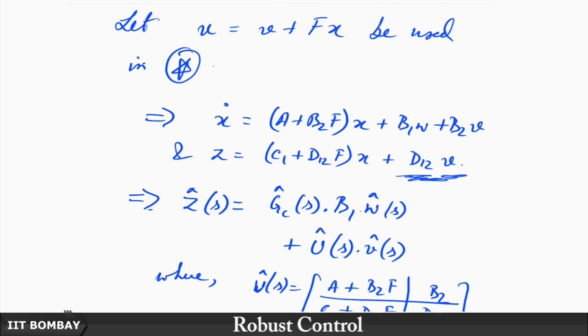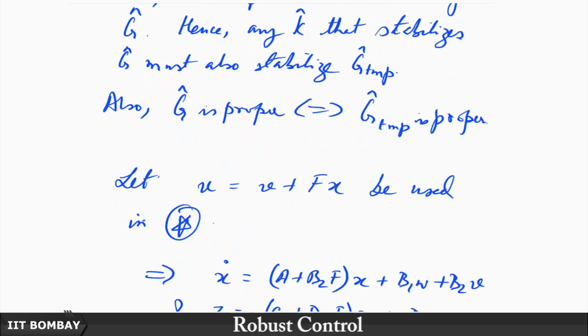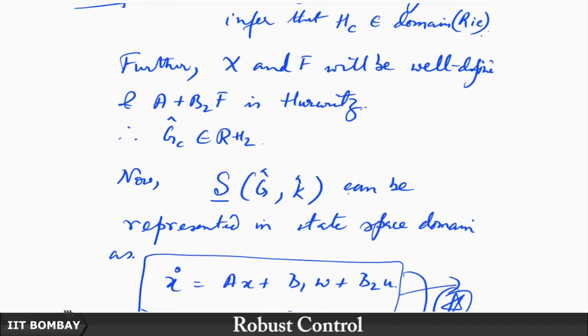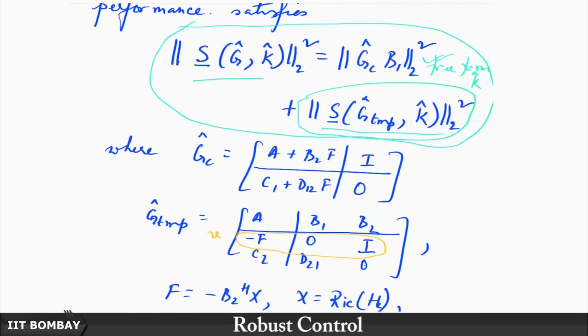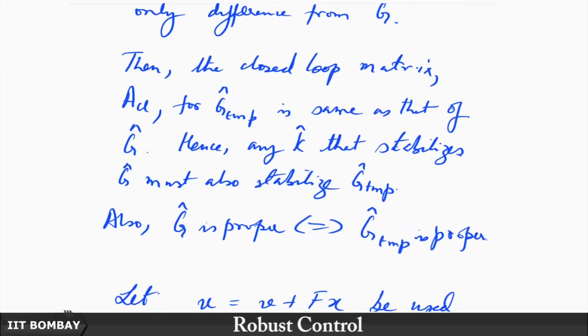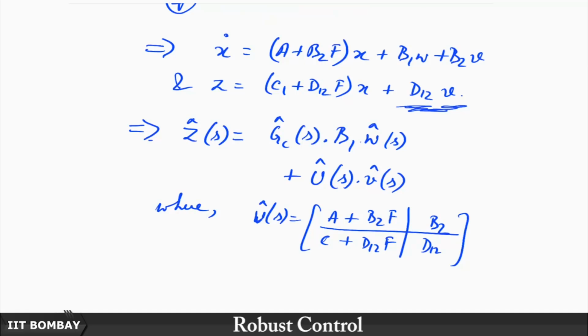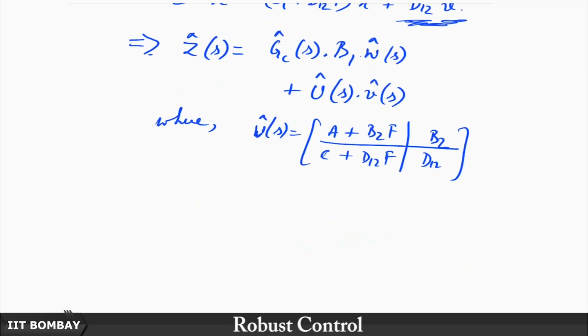So, indeed the transfer function between these variables, that is W and Z hat, is actually this G_C times B1. Why this B1? Because you can just treat W tilde as sort of B1 W, and then you will immediately see that this is the case, because G_C had I in its B entry. That is why that B has to be post multiplied here.